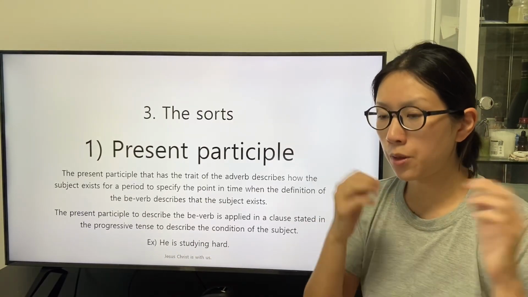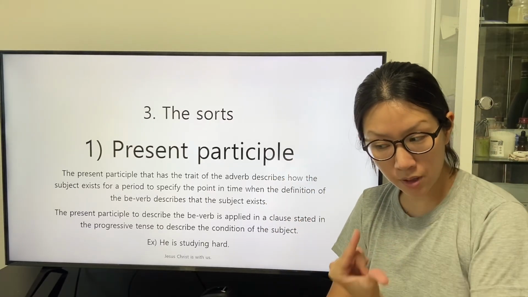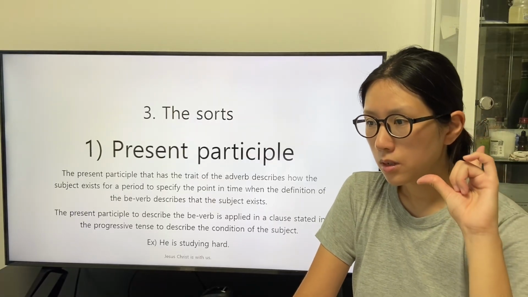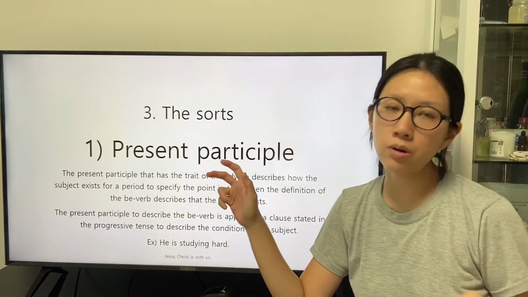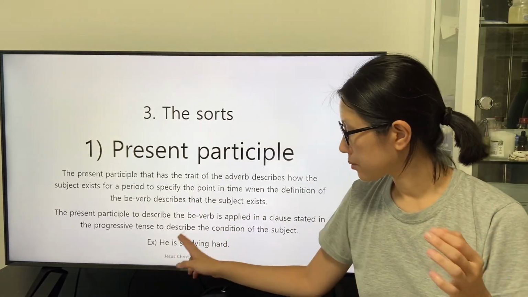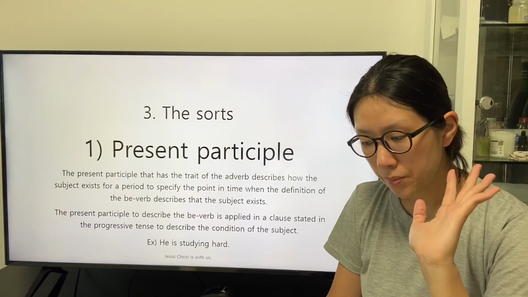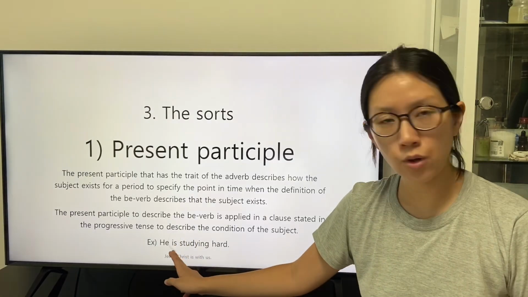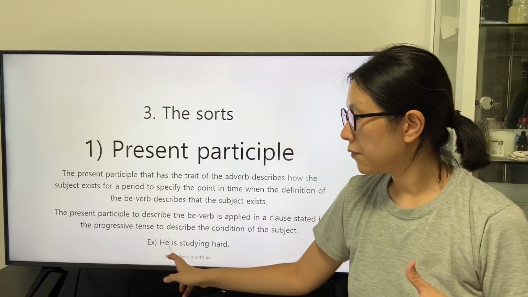The term, the progressive tense, may reveal that the subject continues an experience, a condition, or an action during a period. The speaker describes the existence of the subject at first with the description by the be verb.